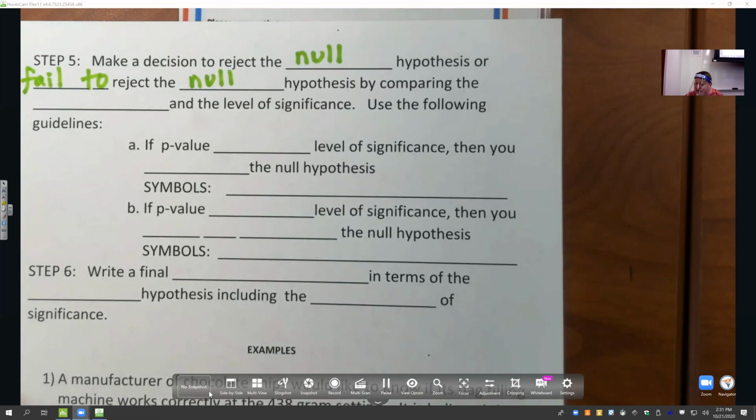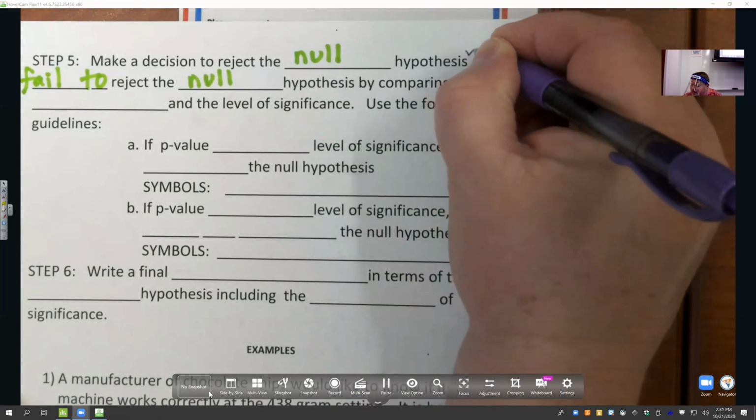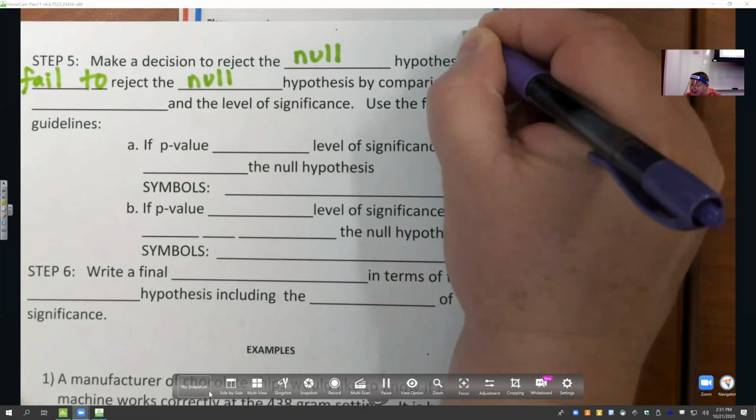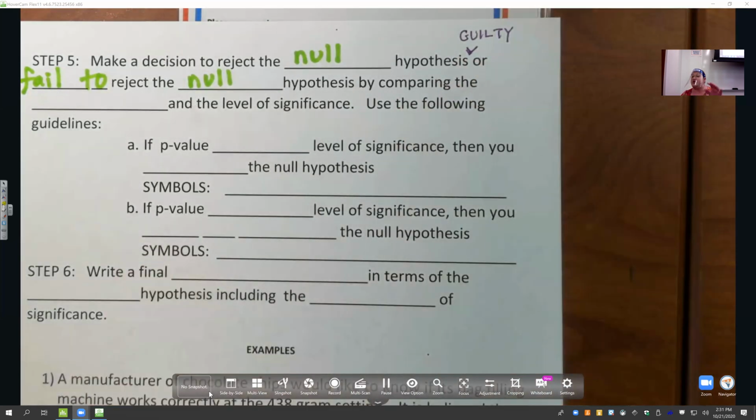The idea that we reject the null hypothesis, if you're thinking about it in terms of your court case, would be saying that the person is guilty because we're going to reject the belief that they're innocent. And if you reject innocence, that means they're guilty based on the evidence that we have.